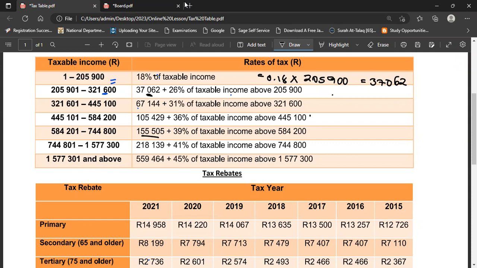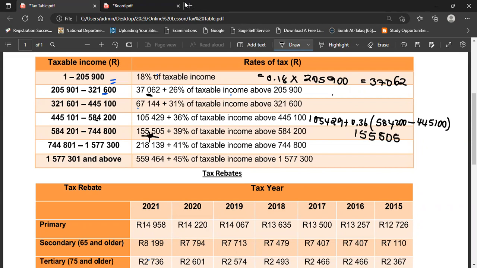So we say 105,429 plus 0.36 into the bracket, the maximum number that you see here, which is this number here.